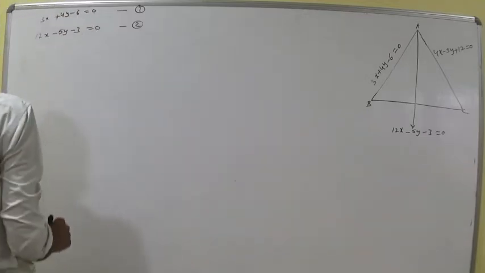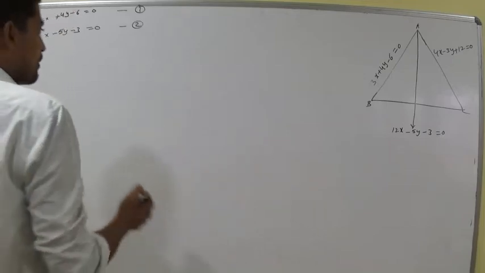The intersecting point of these two lines is B.